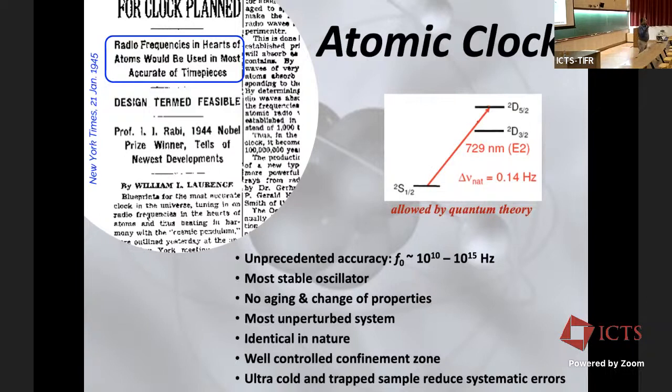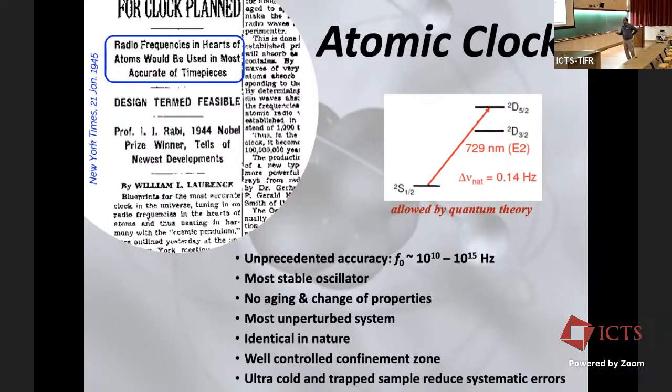Like we can choose a state which has very minimal polarizability or zero polarizability if it's spherical, like let's say an S state or something like that, or very minimal quadrupole moment. So that quadrupole shift is very minimal or zero. This kind of thing, that is what I mean. Okay, identical in nature, I already said.